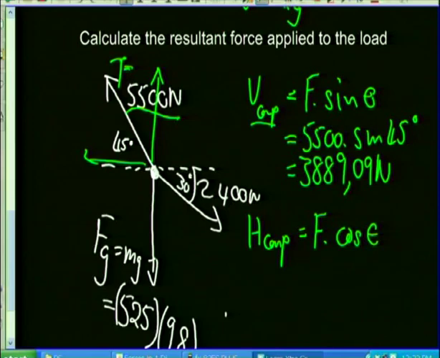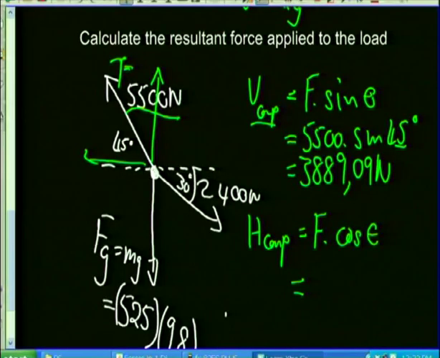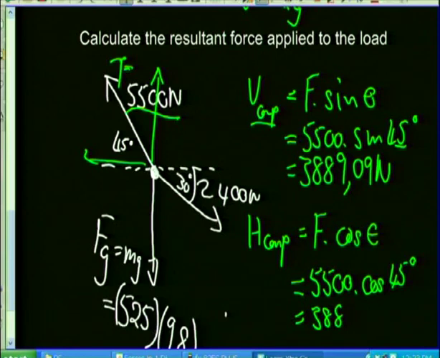Notice that's the vertical component. But because it's sine theta, we should recognize in any triangle with 45 degrees, the horizontal and the vertical will be the same. You can check it on your calculator, but I'm going to write it down directly. If you try it, you'll do 5500 times cos of 45, which is the same as sine 45, so the answer has to be the same, 3,889.09 newtons. Important, we need to put the directions in, recognize that this one is up and this one is to the left.